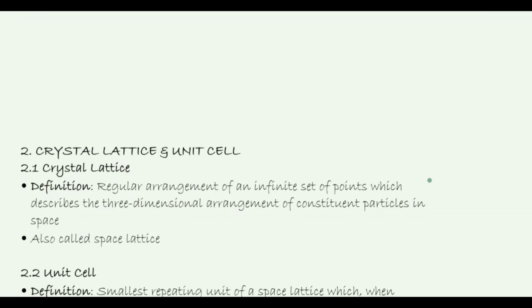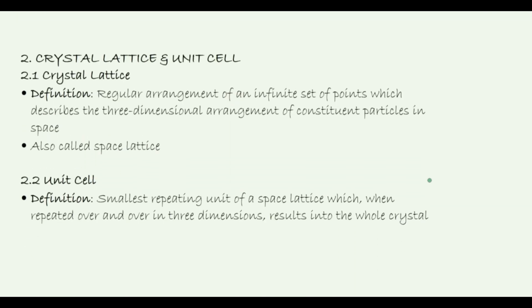Then we are moving into the important part of this chapter, that is about the crystal lattice and unit cells. First of all, just understand the term crystal lattice. If you are taking any cube, let's say a Rubik's cube, how is it arranged?